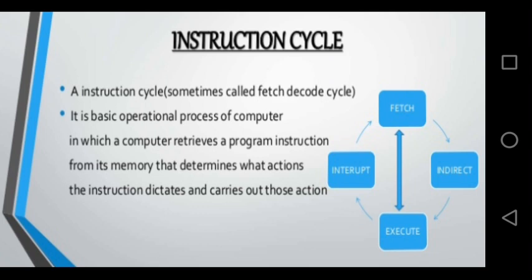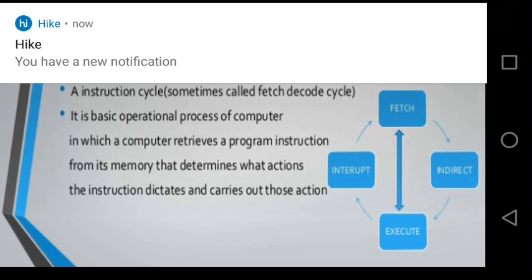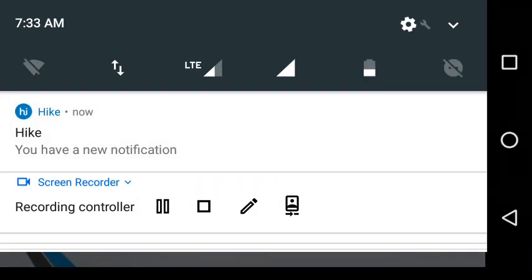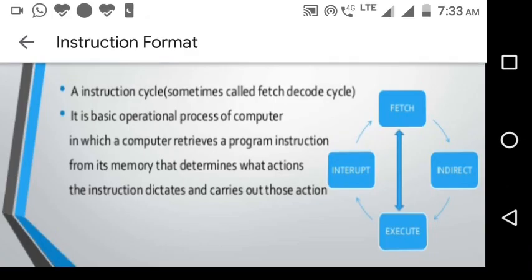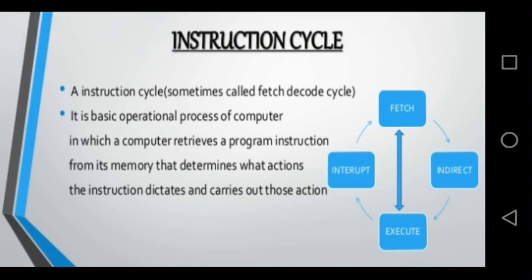So the instruction cycle, sometimes called the fetch and decode cycle, is the basic operational process of a computer. Remember, when we discussed program execution, executing a program means executing all the instructions in the program one by one, fetched from memory. That is called the stored program concept or sequential program execution.